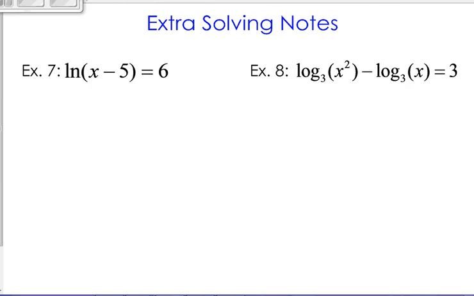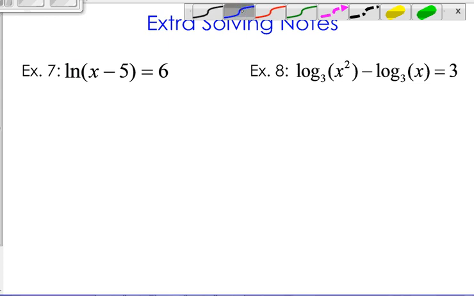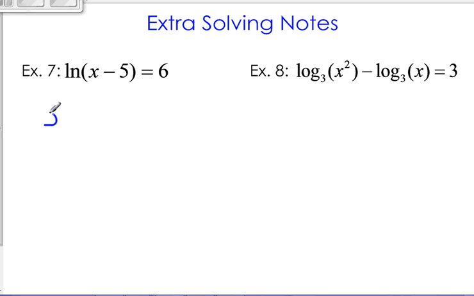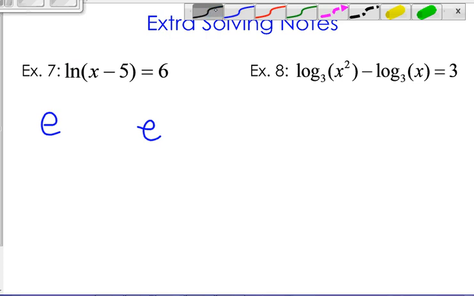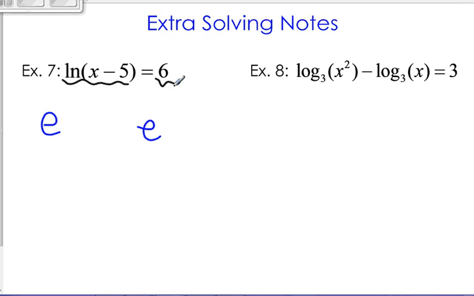Okay, let's check out the last two examples here. I'm noticing that I do not have logs on both sides, so that means I have to use the inverse property. Okay, so for number 7 over here, we have ln of x minus 5 equals 6. So the base of ln is e. So I'm going to exponentiate both sides with the letter e. So I'm going to write e on both sides, and then I'm going to fill in the pieces that I had above.